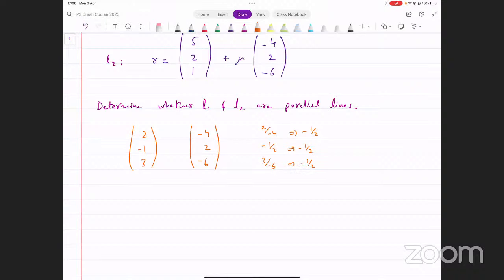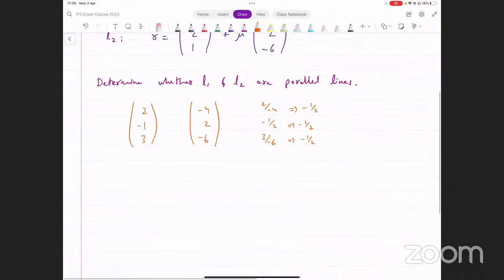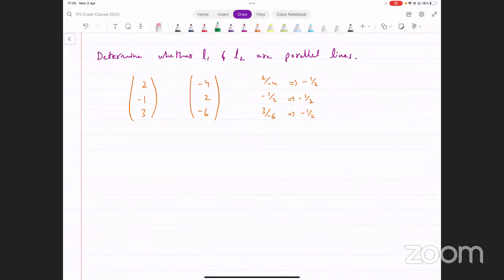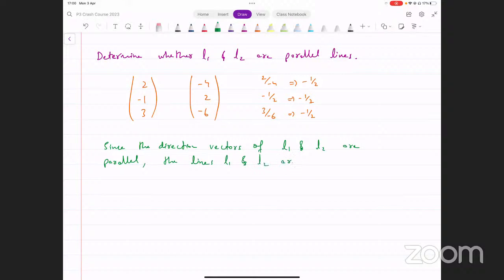Now, since the direction vectors of L1 and L2 are parallel, the lines L1 and L2 are parallel.